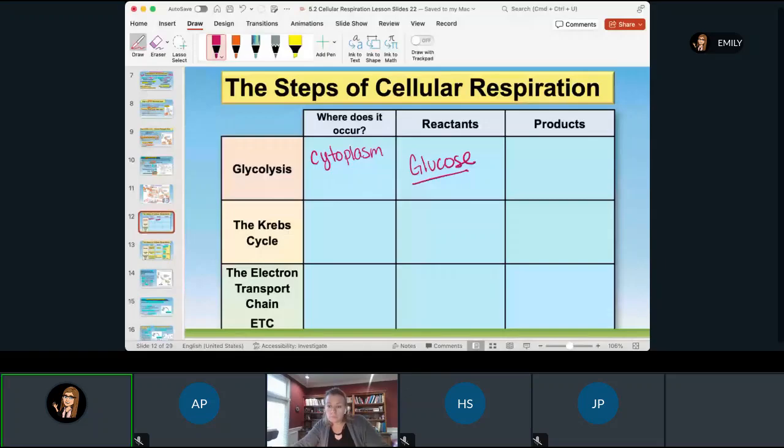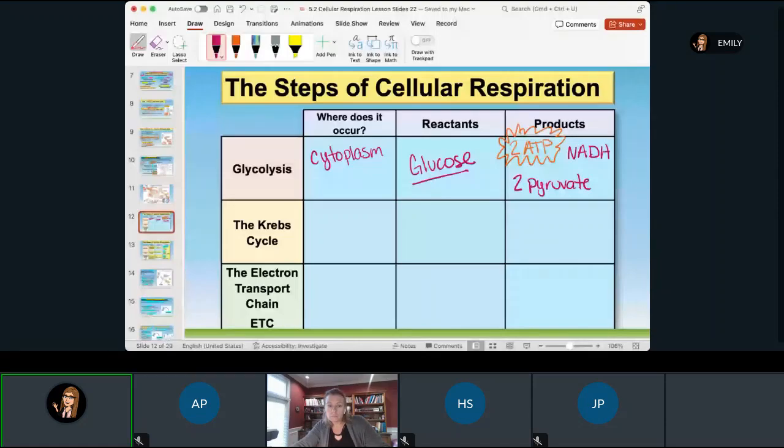So we get 2 ATP, and then 2 pyruvate, and NADH.